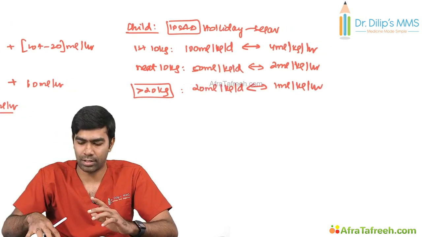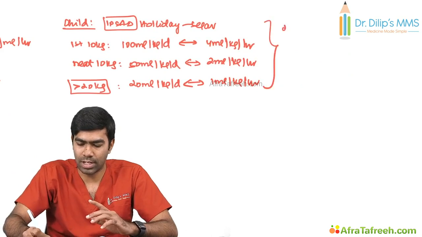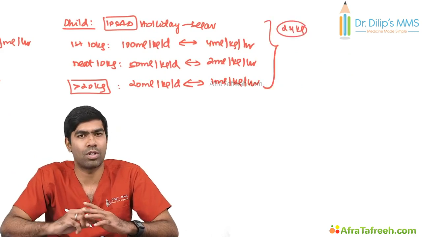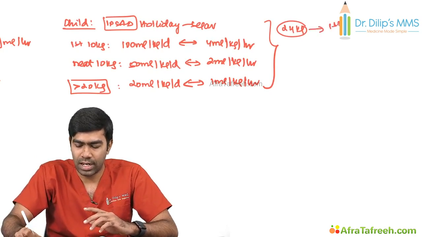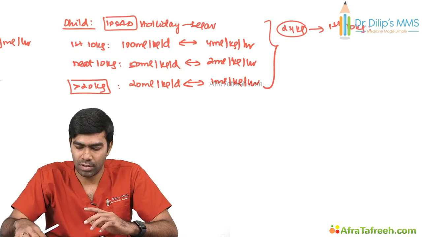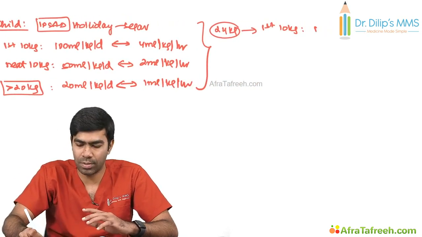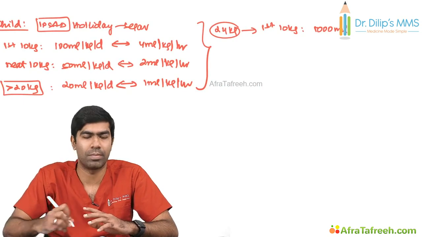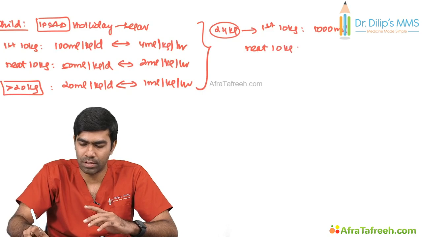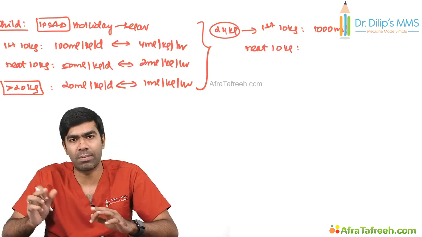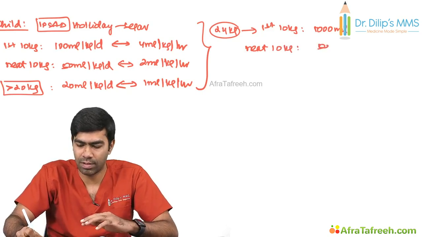So let us calculate. Let us assume a child who is weighing 24 kilogram, and you want to start with maintenance fluid. So for the first 10 kilogram, I'm going to give 100 ml per kilogram per day, so it will be roughly equivalent to 1000 ml. For the next 10 kilogram, I know I have to give 50 ml per kilogram per day, so I'll be giving 500 ml.